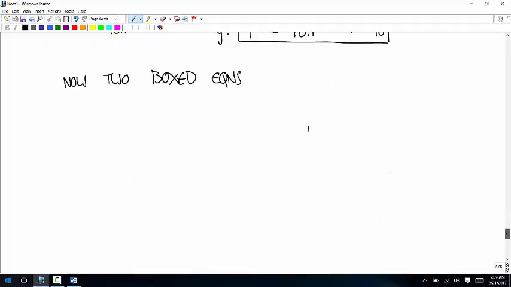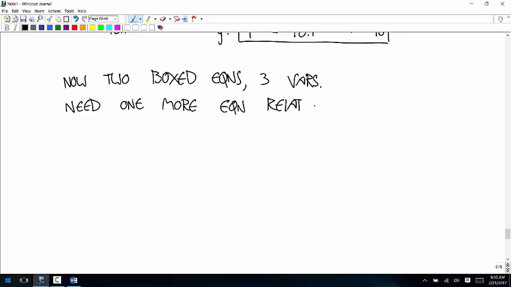So we have two boxed equations, 3 variables. So we need one more equation relating these variables in some way. And an equation like that is called a constraint equation.